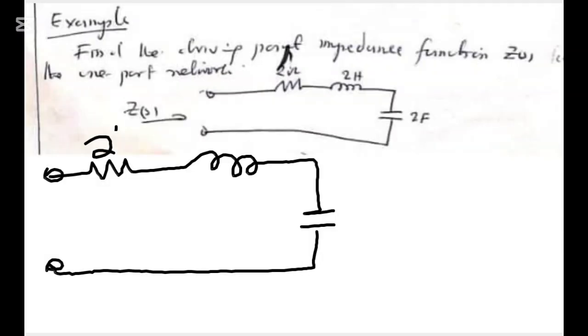We'll now have only 2 here, 2S here, and 1 over 2S after converting the network into S domain.